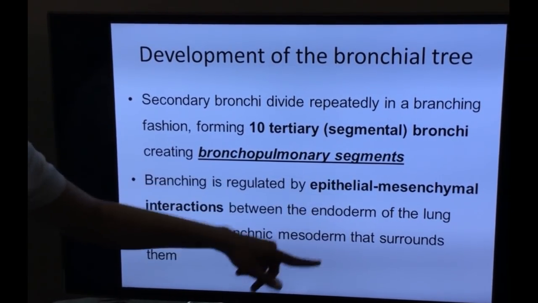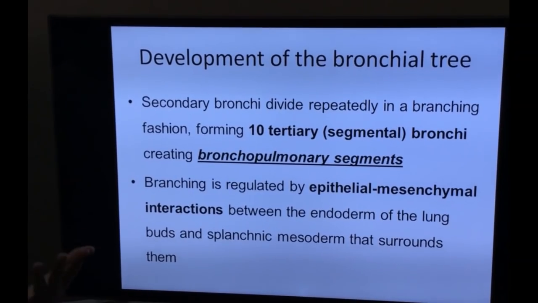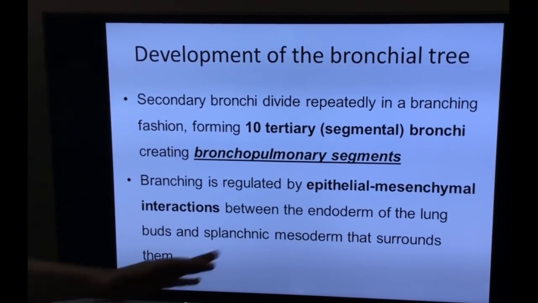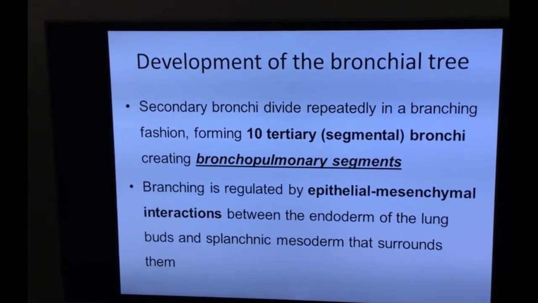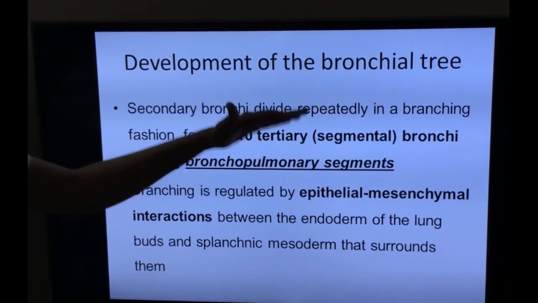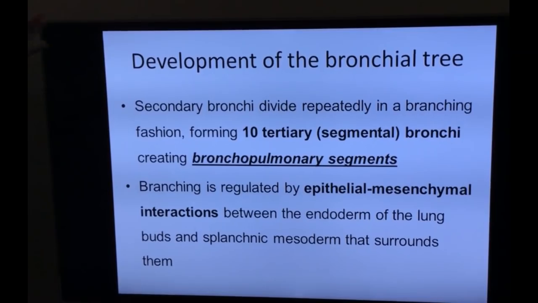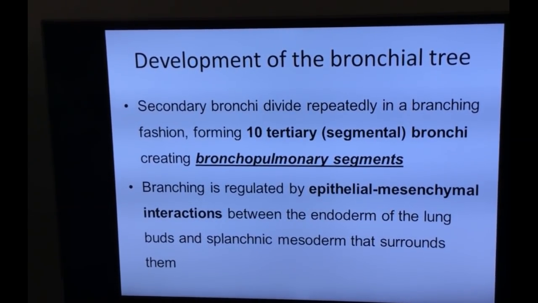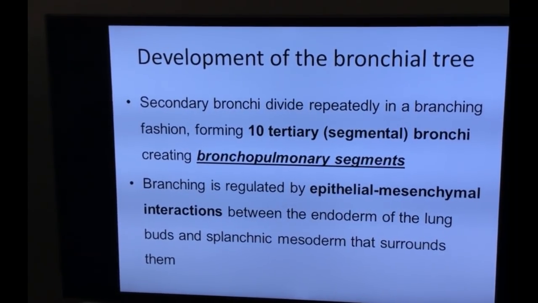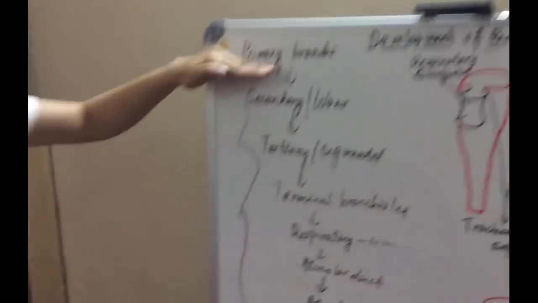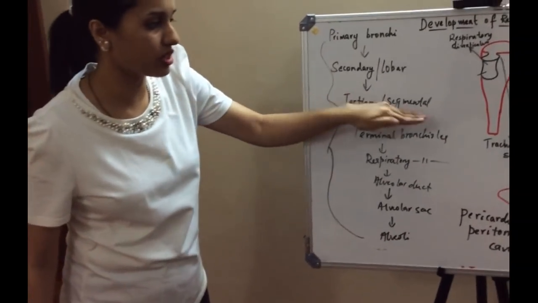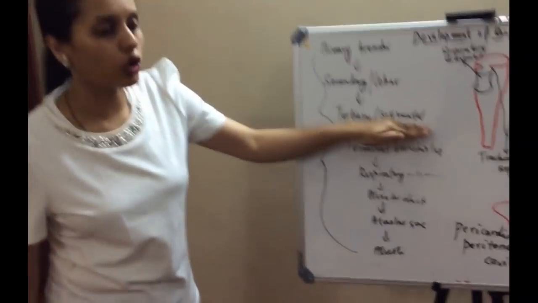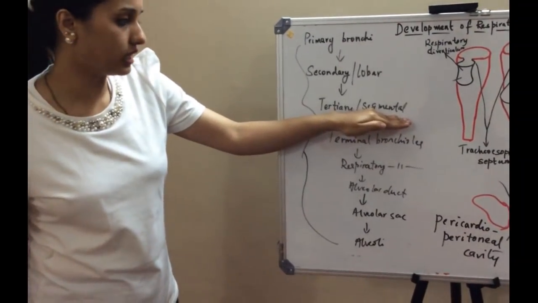When the lung buds are developing, there is interaction between the endoderm and the splanchnic mesoderm, and this regulates the branching pattern of the tracheobronchial tree. So the primary bronchi form the secondary, which branch to form tertiary or segmental bronchi, giving rise to bronchopulmonary segments, 10 on each side.